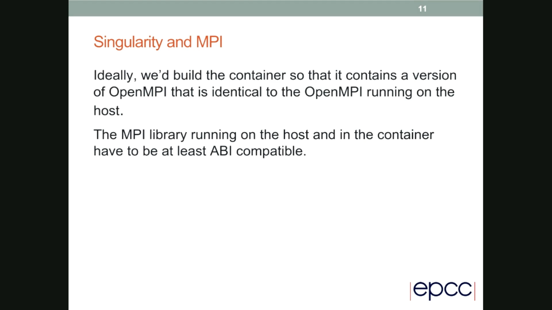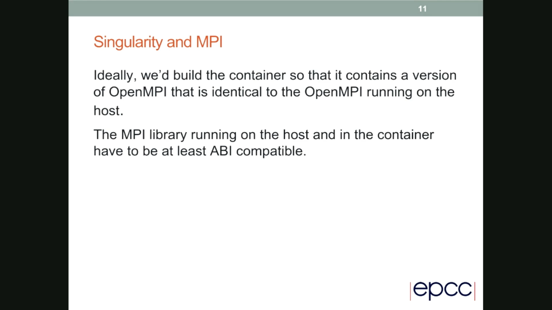This ABI compatibility, which stands for application binary interface, is an initiative set up by various MPICH providers, such as Cray and Intel, where what they will do is basically ensure that an application compiled with, say, Cray MPT or just standard MPICH will then run under a Cray MPT library on the HPC host.